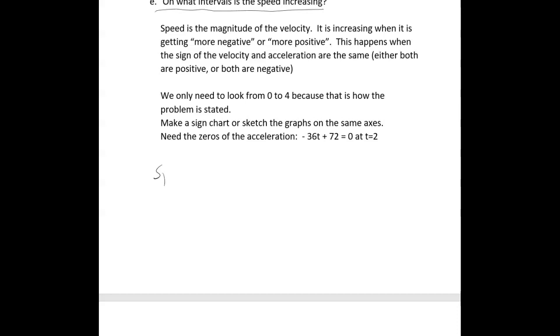Speed is just the absolute value of velocity. So a bigger speed doesn't necessarily mean the velocity is higher on the graph. A speed of negative 36 feet per second is bigger than a speed of positive 20 feet per second, because 36 would be faster.